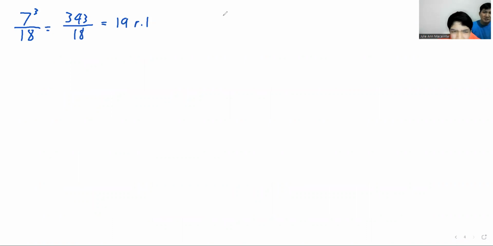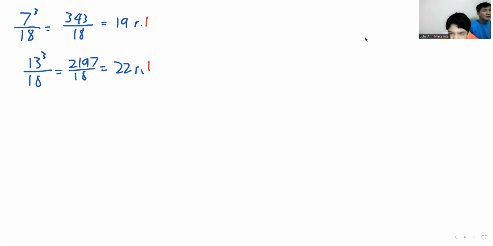So again we end up with the remainder 1. This is rather by chance. And then 13 cubed over 18 equals 2197 over 18, that equals 122 remainder 1.